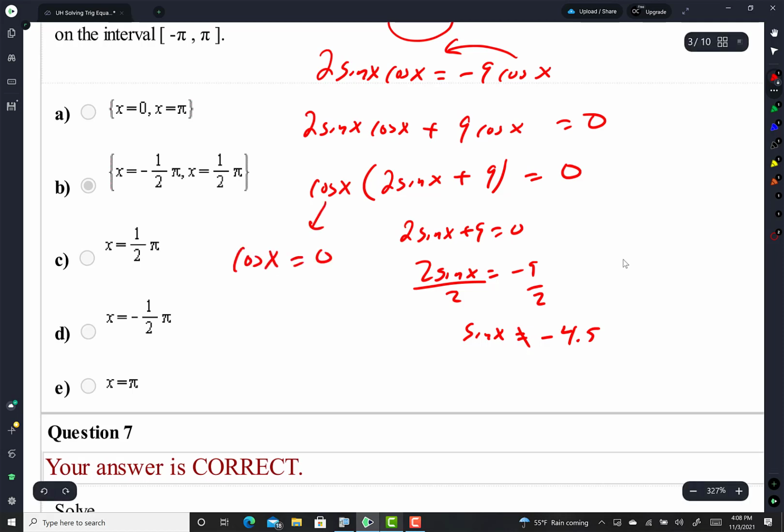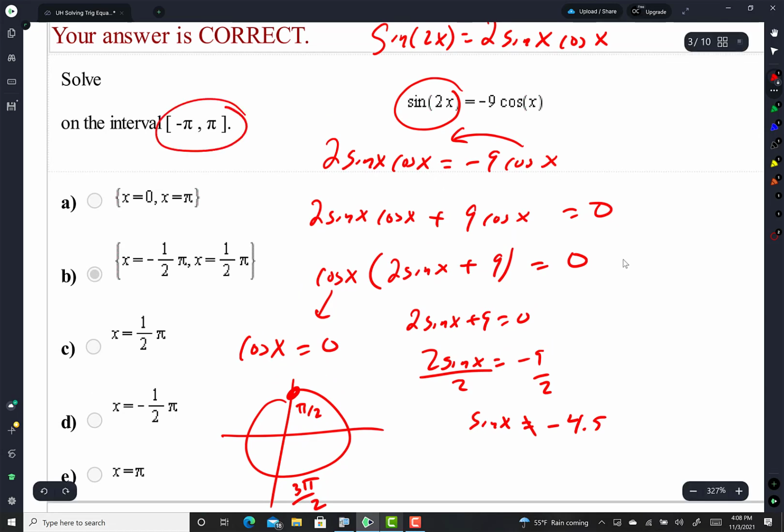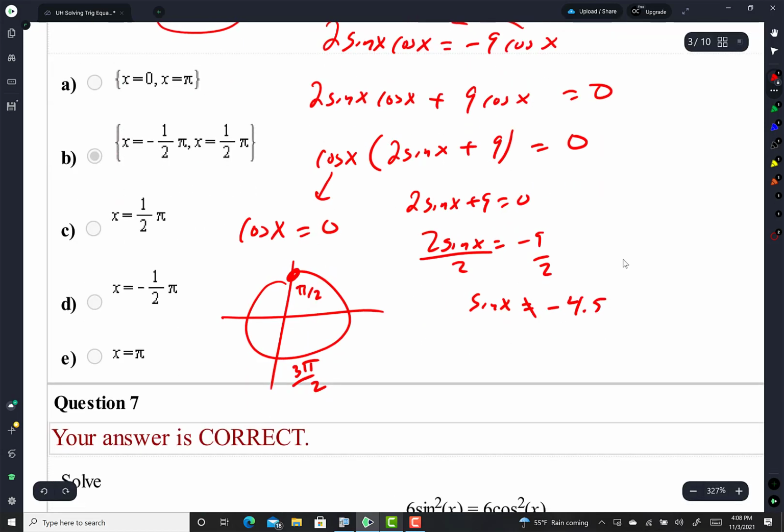Cosine x will equal 0. On the unit circle, where is cosine x equal to 0? It's equal to 0 at pi over 2 and at 3 pi over 2. So we look for those answers. Oh, I've got to look at my domain: negative pi to pi. So here's negative pi, and here's actually pi as well. So it's going to be negative pi over 2 and pi over 2.